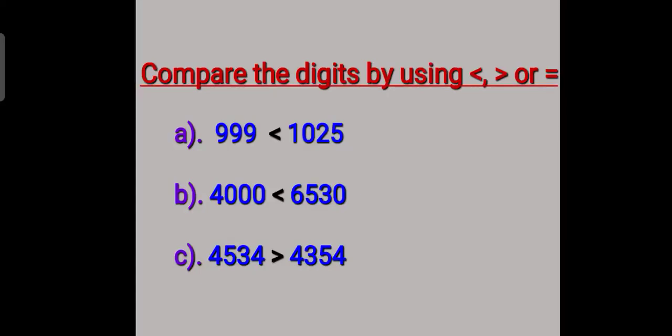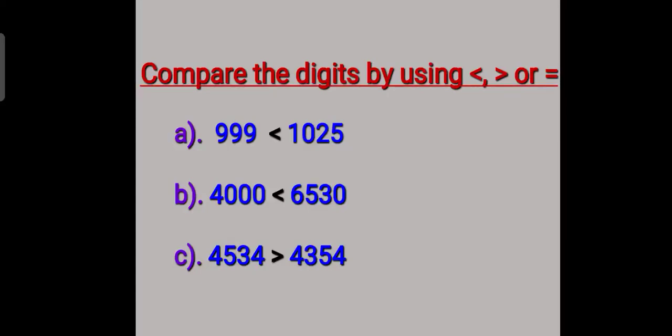Now let's see the next example. The two numbers given are 4000 and 6530. Now firstly you count the digits. In 4000 there are 4 digits. In 6530 there are also 4 digits. Both are the same. Then what can we do? Now you follow the next step. We compare every digit from the left.